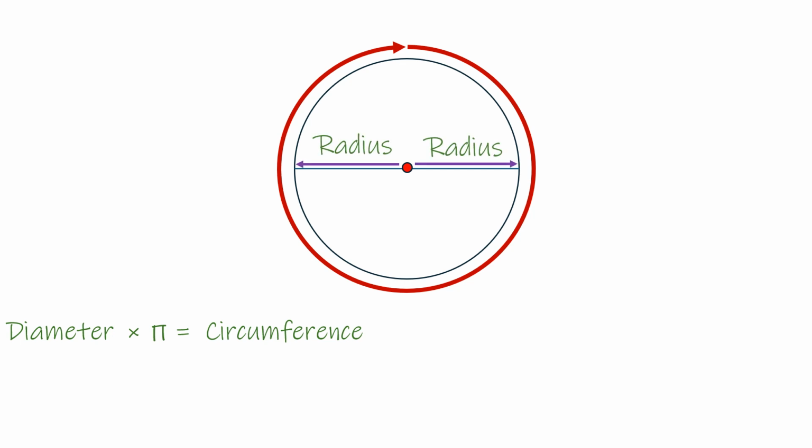So we can replace the diameter in the formula with twice the radius, and it becomes 2 times radius times pi, or you can rearrange it and it becomes 2 times pi times radius, or just simply 2 pi r. And that's the reason why the circumference formula of a circle is 2 times pi times r.